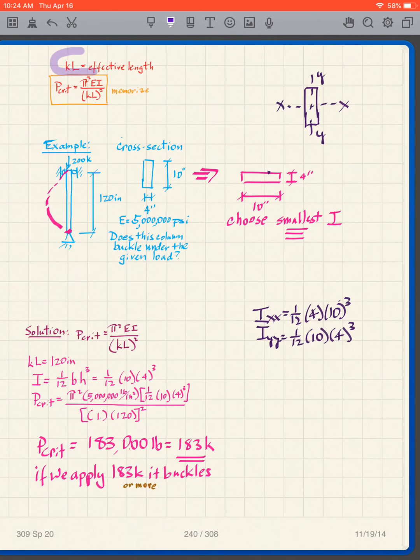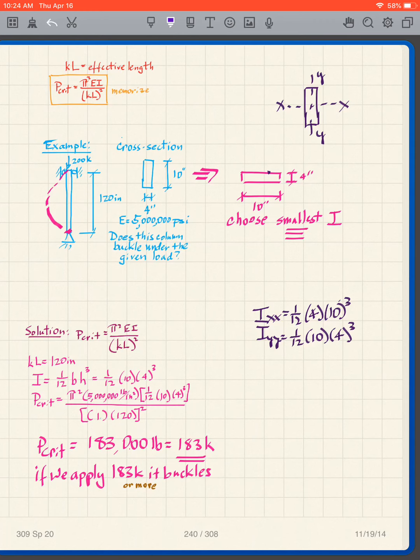So we're going to call KL the effective length, and that means our expression is that P critical is pi squared EI over the quantity KL squared. And that's what I also want you to memorize, this P critical: pi squared EI over KL quantity squared.